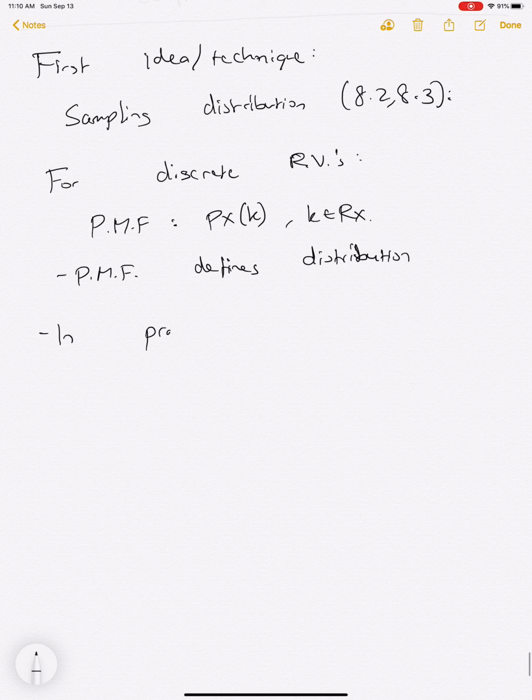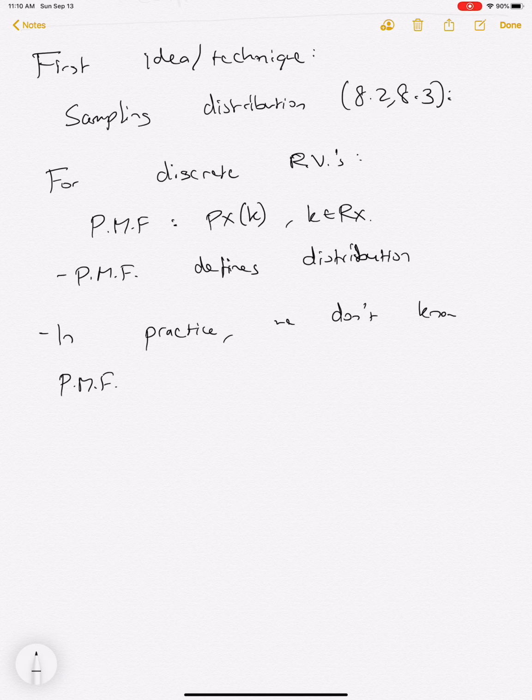In practice, we don't know the PMF, because if we did know the PMF, then there wouldn't really be any statistical questions to address. You could just use the PMF to answer any questions that you want about the expectation, the variance, and do any inferences that you want, which is what was covered in 309.